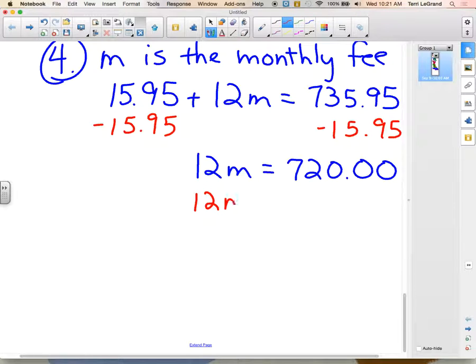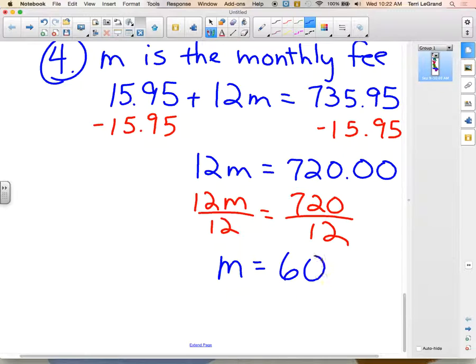Actually, considering we just did something with these numbers. Pretty sure we just had a 72 divided by 12. What did we say that was? 6. But then we got that 0 behind that 72, so it's not 6, but it's 60. So M equals 60. And just by looking up at what we said the variable represents, the monthly fee, we know what our label is. What's our label? Dollars. Yeah. $60.